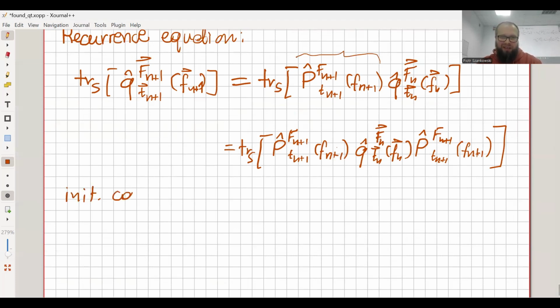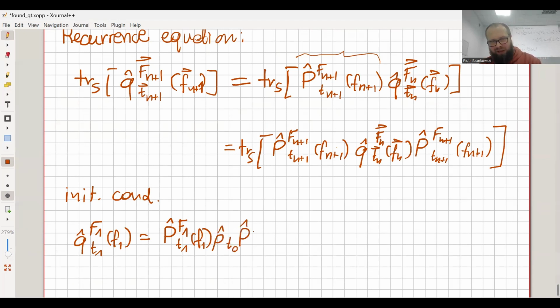The initial condition is, how do I write it? Q F1 T1 F1 would be F1 rho E0, some initialization event, and rho T0.